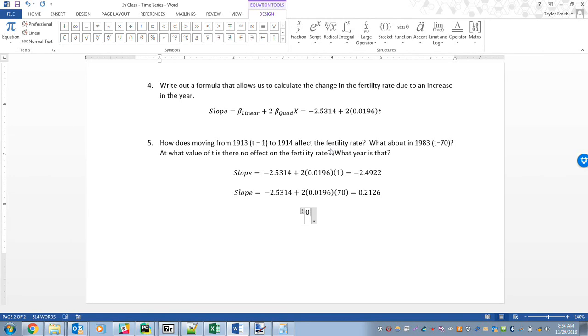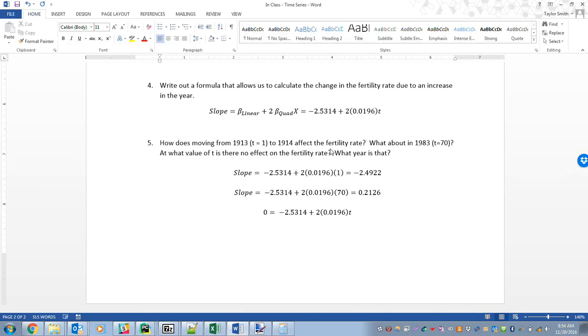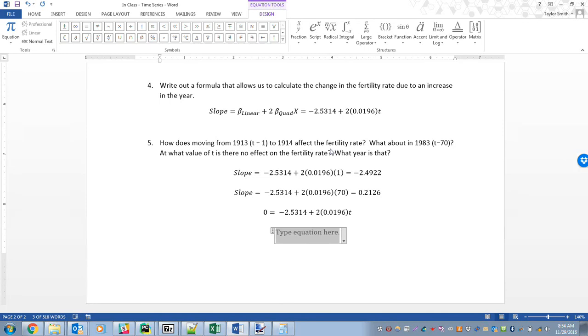So we'll say our slope is 0 equals negative 2.5314 plus 2 times 0.0196 times t. We're going to solve for t here.